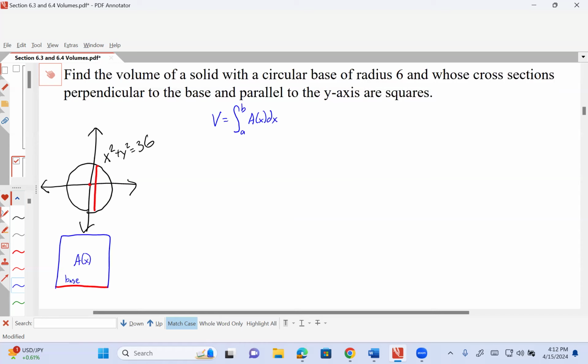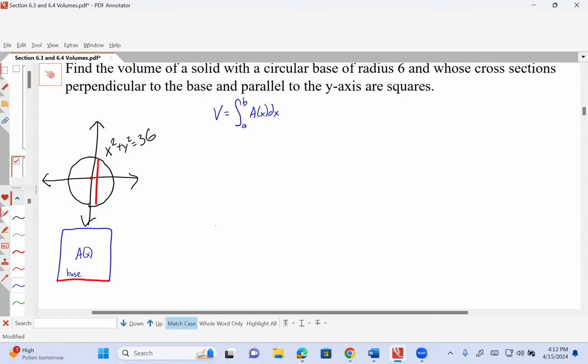Now, we know several things here. First, to find the area of this square, any square is going to be the length of the base squared. So if I can find how long this base is, then we know the area.